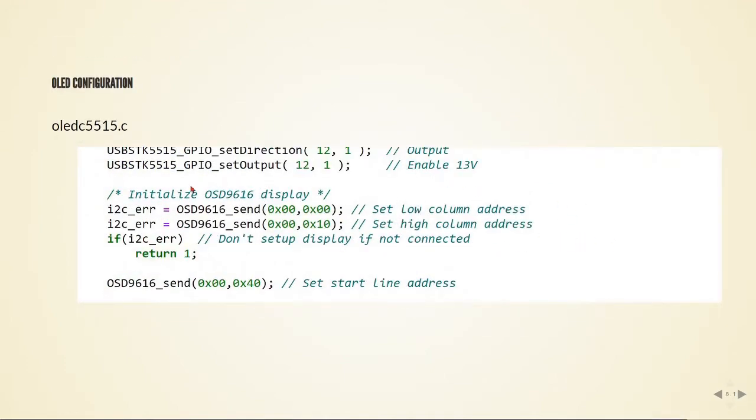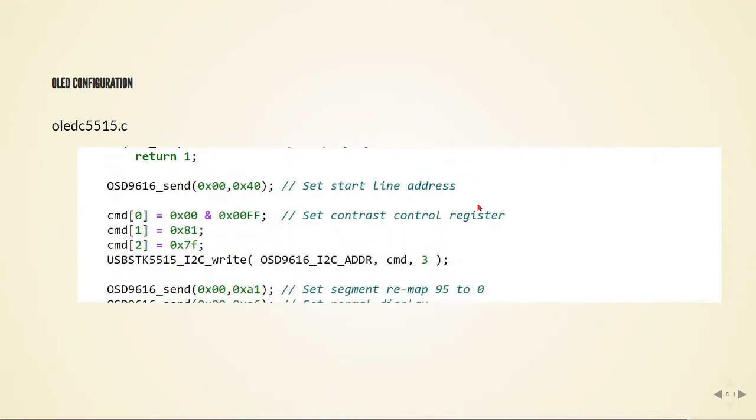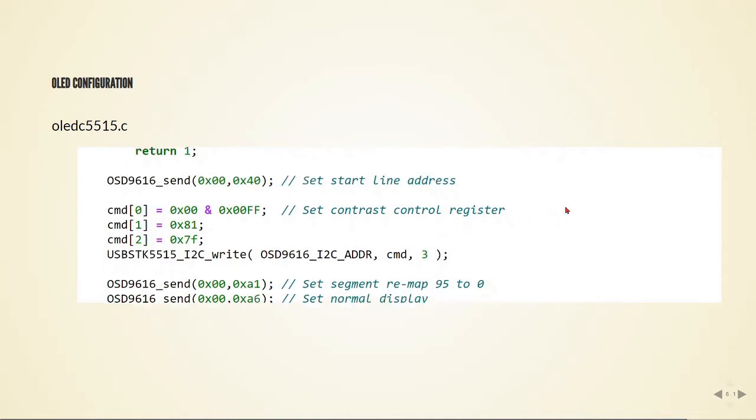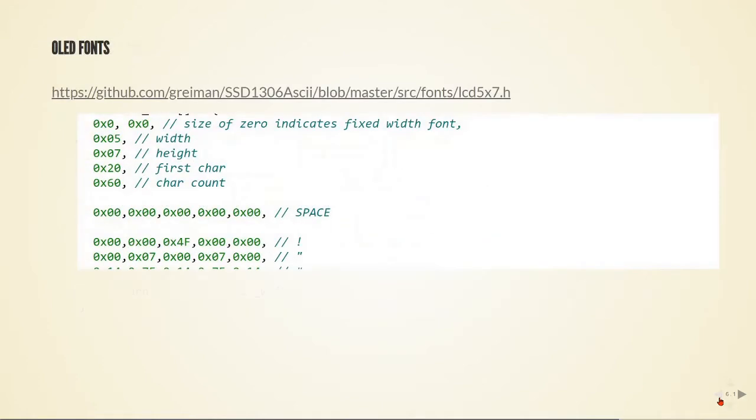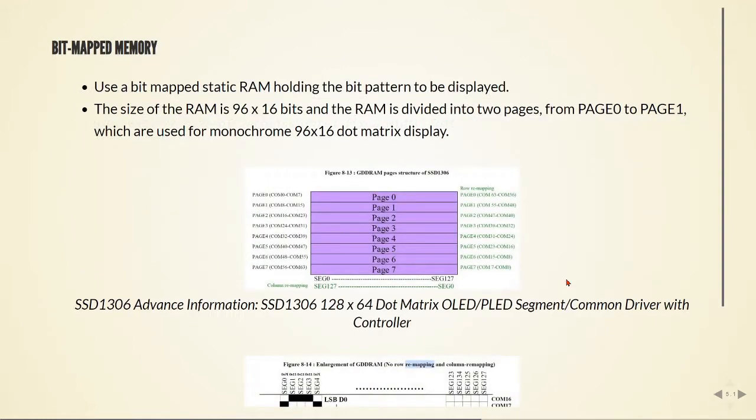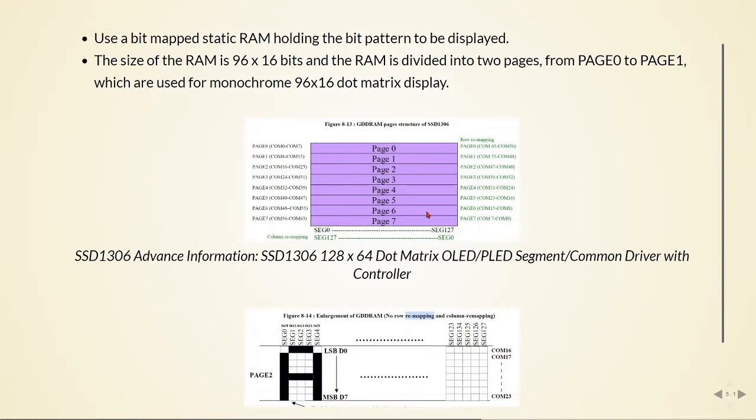Then we are initializing the display. We need to set the start lines, set the contrast levels. This remap is something really interesting, because we can invert, for example, from 0 to 127 or from 127 to 0, so it's useful to invert rows and columns, horizontally and vertically.